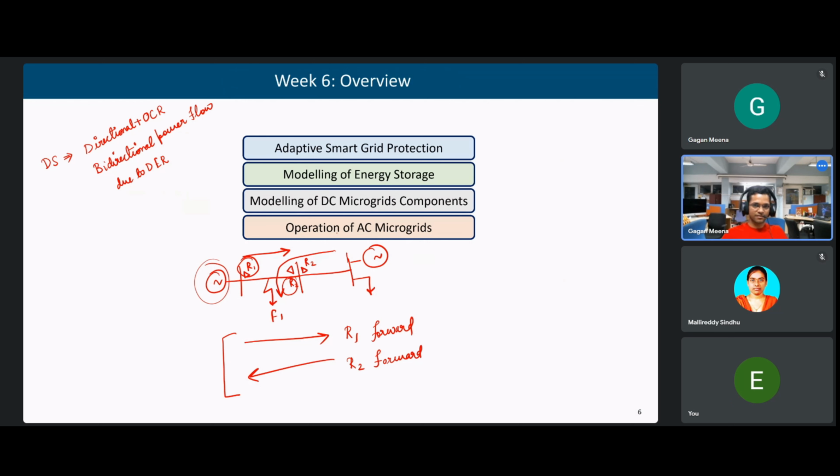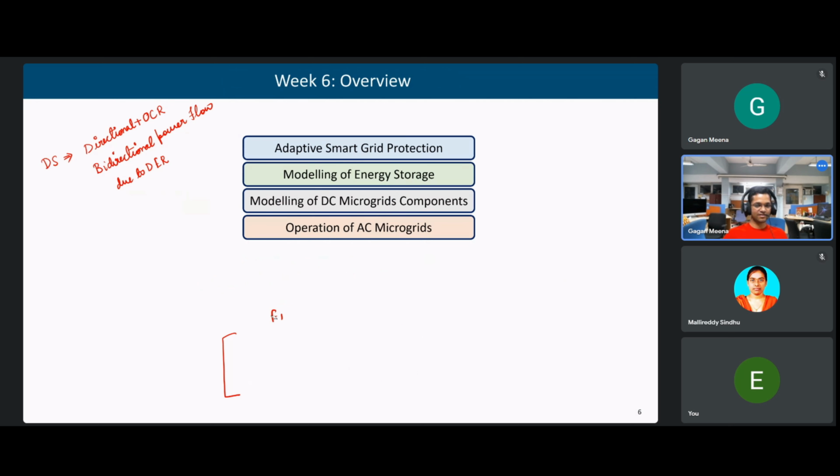One thing was the requirement of directional element because of the bidirectional current. Then we need the adaptive protection, so we will discuss why we need adaptive protection also.